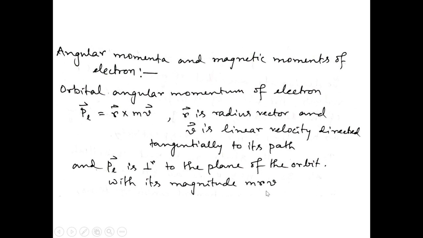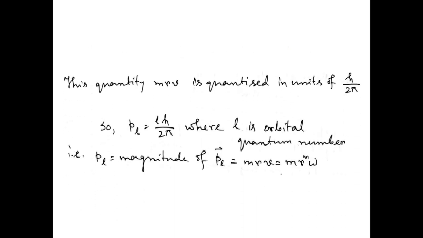Now, the quantity mrv must be quantized, because in the previous lectures we have seen from the Wilson-Sommerfeld model that every angular momentum, or the azimuthal momentum, should be quantized in the order of h by 2 pi.